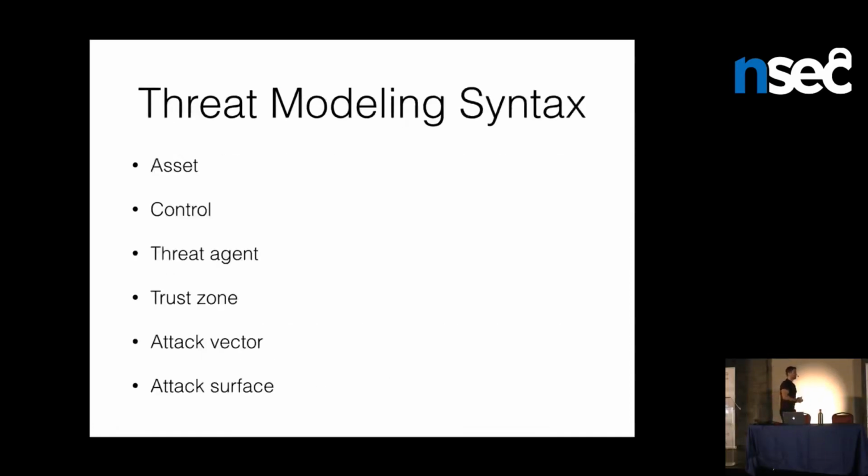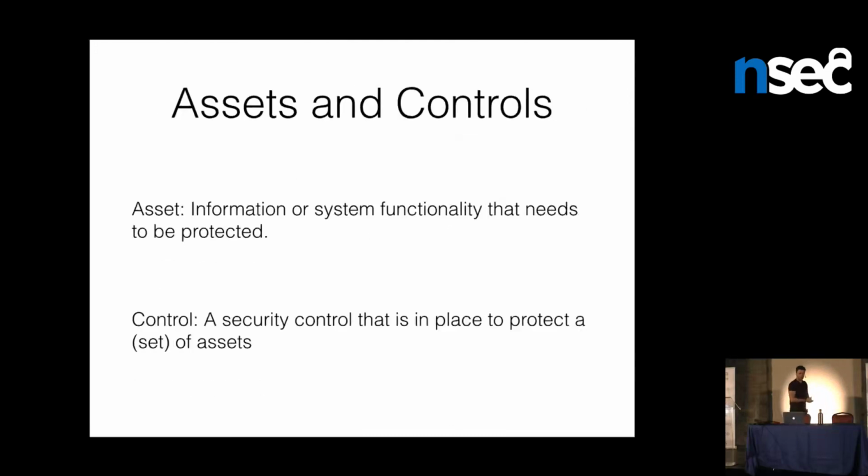These are some of the verbs and syntax that we're going to use throughout this talk, and I'll describe what some of these things are. An asset is anything that's sensitive that we need to protect. That could be sensitive information, like credit card information, source code, or healthcare records.